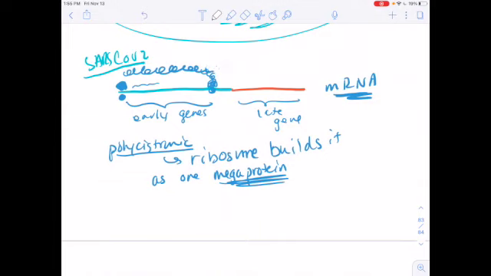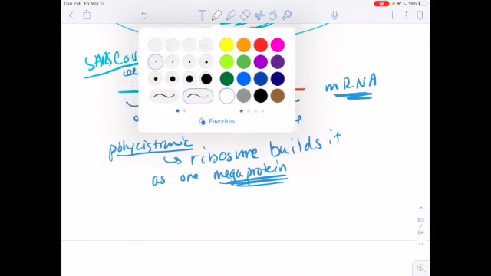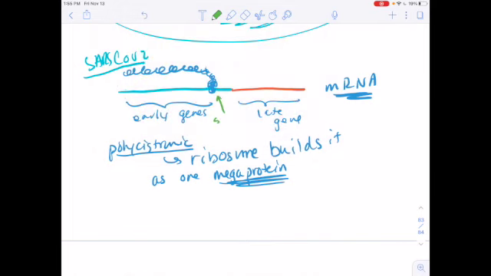Let's say the ribosome is right here, building its mega protein right there. There's actually a stop codon in here. And this freaks me out. Because there's a stop codon there, the ribosome stops, right?